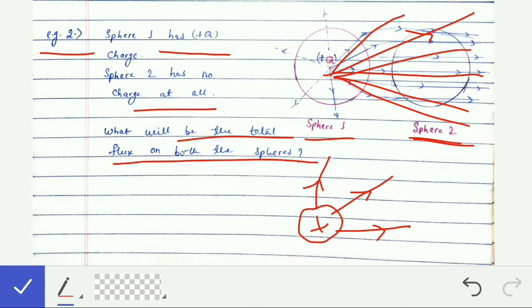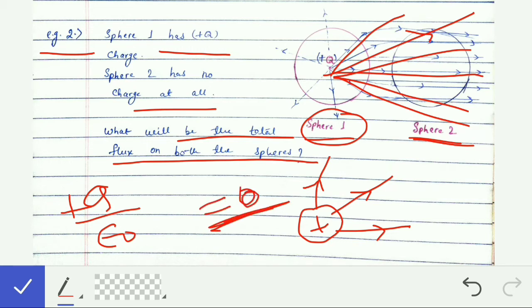You will think that sphere 2 and sphere 1 both have electric flux, but you are wrong, because only sphere 1 has electric flux, since only it has a positive charge. So sphere 1 has a total flux of q upon epsilon naught, and this is also plus q. But sphere 2 doesn't have any electric flux at all, that is, zero electric flux.